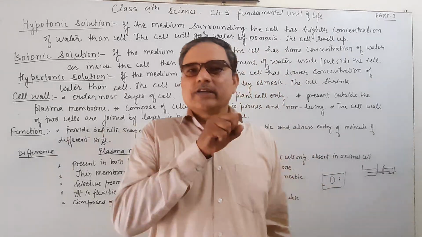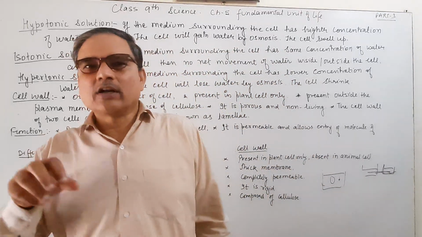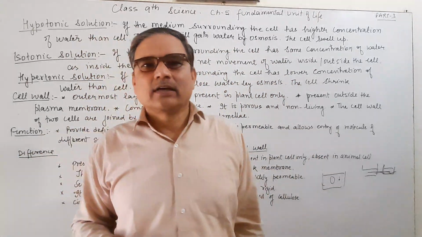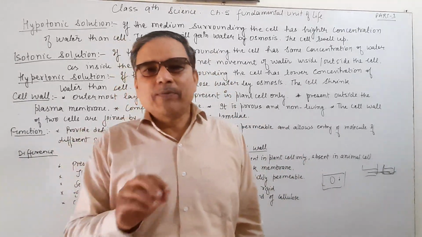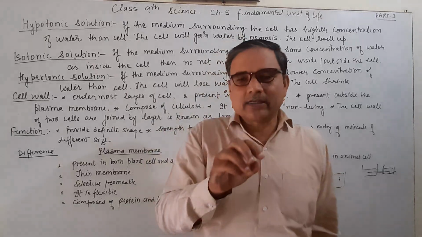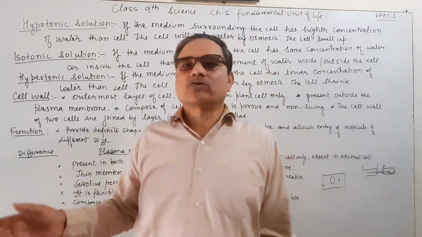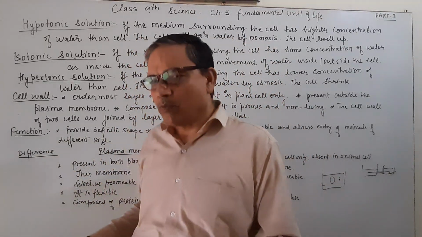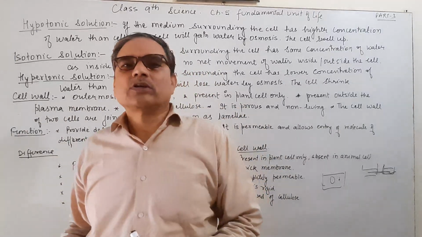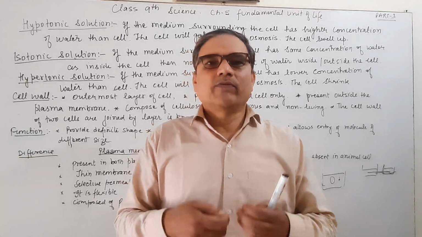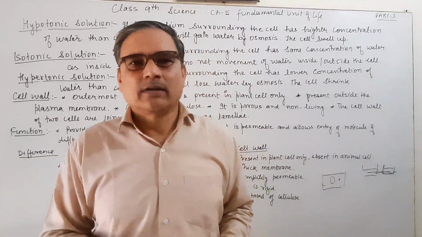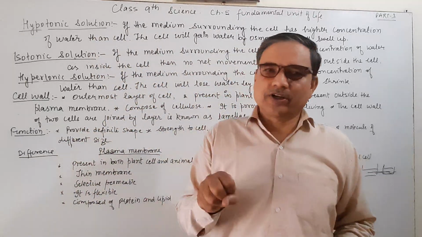It means water is more inside the cell and less outside, in the surrounding. So there will be a movement of water. Why? Because the water inside the cell is more as compared to outside, and the movement is from the cell to the surrounding. It means water will be lost by the cell. Then the cell will shrink.